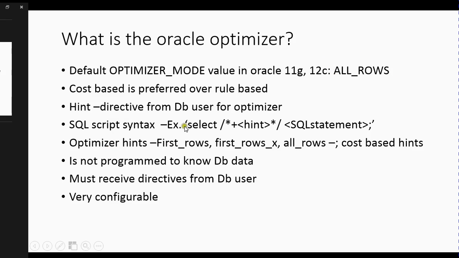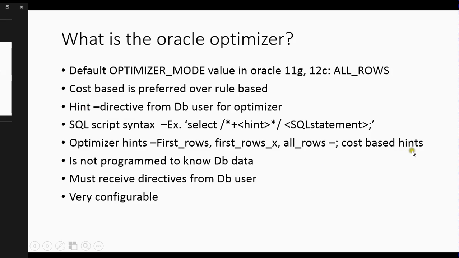Once you put a hint inside your SQL statement, you can choose these different hints. The first rows hint takes a value X, and as I've already showed you, this can be 1 to 1,000 multiple values. But you can also choose all rows. This is going to bypass the default setting, and it's going to perform exactly what you're requesting in the hint.